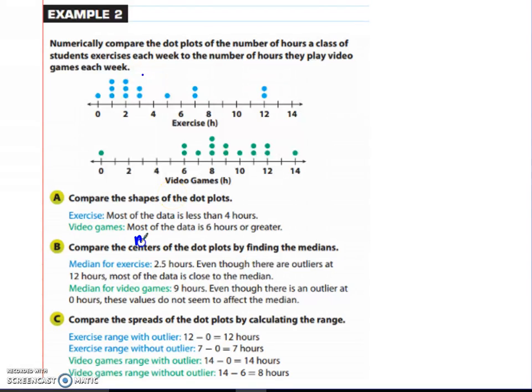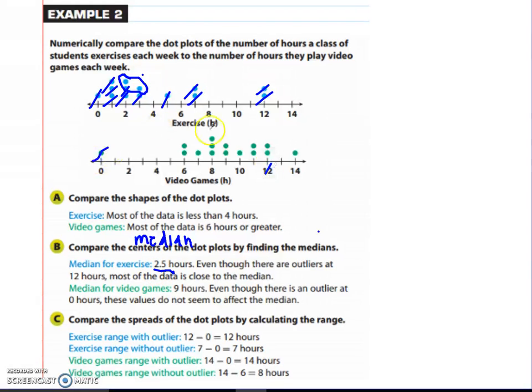Okay, compare the centers. Remember, center is a key word for median. To find the median, you cross off till you get to the middle. So 1, 2, 3, 4, 5, 6. We have 2 in the middle, so 2 plus 3 divided by 2 is 2.5.